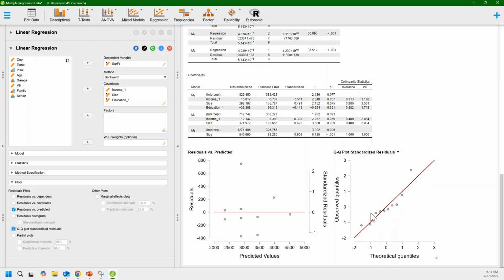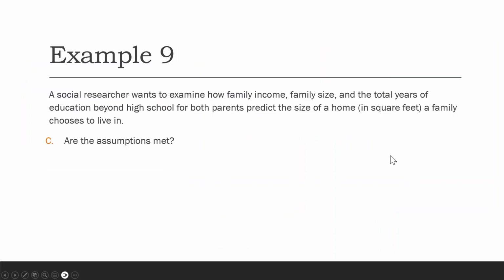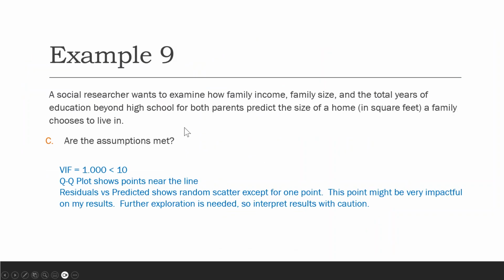So I think my normality of my residuals assumption is not violated. My VIF, no multicollinearity assumption is not violated. I'm worried about the linearity, independence of errors, and homoscedasticity. All right. And so I've written this down here, and there we go.